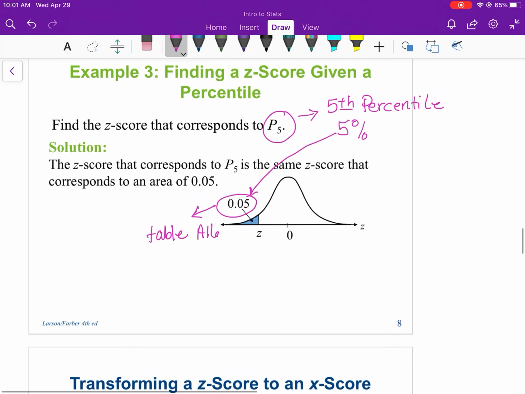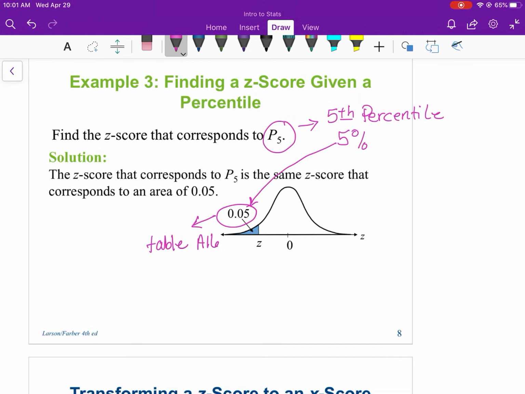I'm going to give you some time to actually look for that. All right, I think you're stuck. There's not an area that's exactly 0.05, but it is in between two of them. You have two areas that are the same distance away from 0.05. The first one is 5 ten-thousandths below, and the second one is 5 ten-thousandths above.